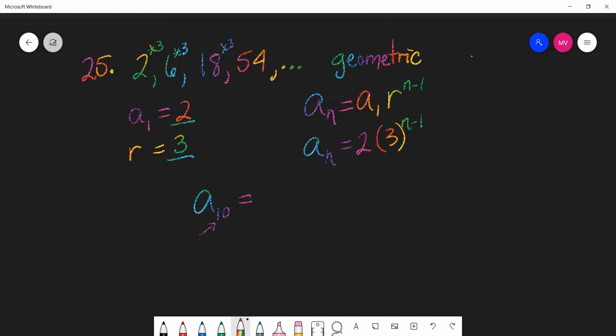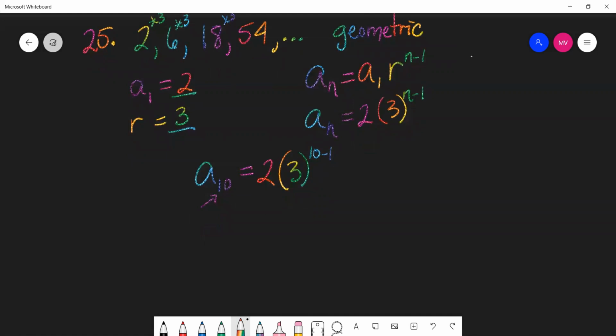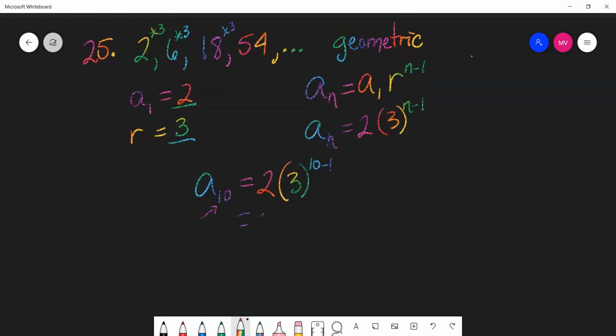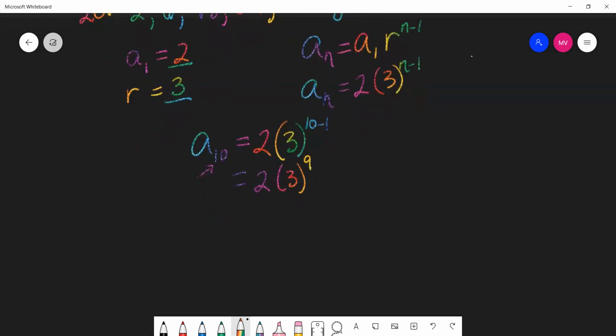So if we're calculating the term at position 10, that is equal to 2 times 3 raised to the power of 10 minus 1. And you can see how that 10 minus 1 is the previous position number, because what comes right before 10? 9, right? So we have 2 times 3 to the 9th. And when you calculate all that, obviously you want to make sure you calculate your exponent first.